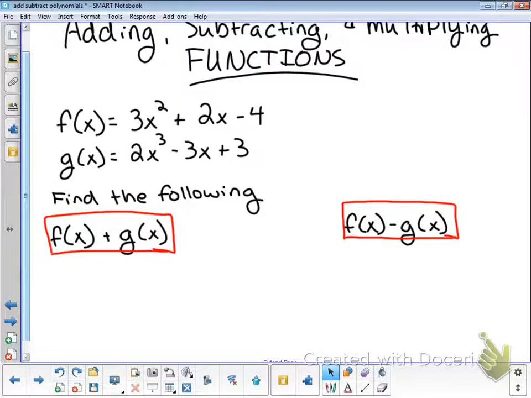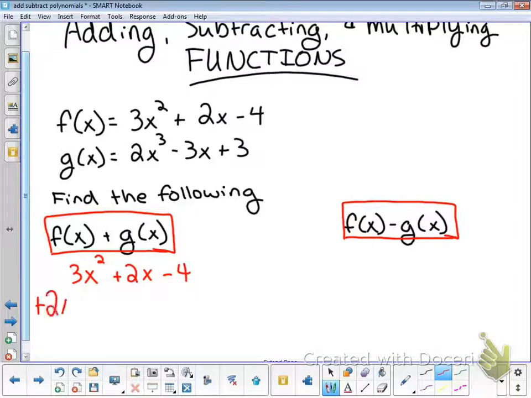So let's go ahead and do that. So for f of x plus g of x, we're going to be adding the two. So it's going to be 3x squared plus 2x minus 4, and I'm going to add the functions. So I'm just going to go ahead and line them up like we were doing earlier in the week. So it's going to be plus 2x cubed. I got nothing to put under the 3x squared.